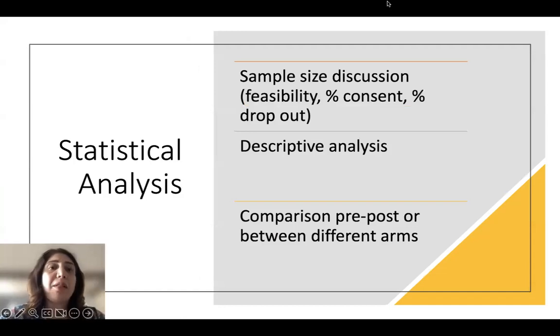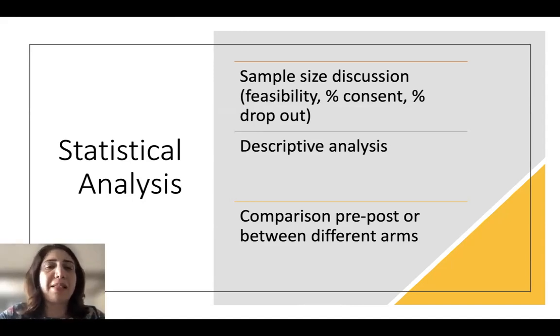The next section you want to talk about is your sample size. Again, it's not a large research project that needs a very complicated sample size calculation. Usually SAG awards are more feasibility or pilot awards. So you want to talk about feasibility. If you are planning to include medical students, how many medical students are in your department that you are planning to include?